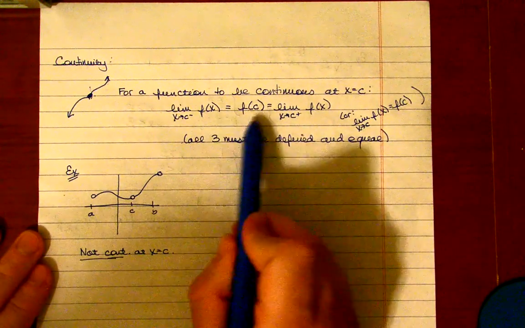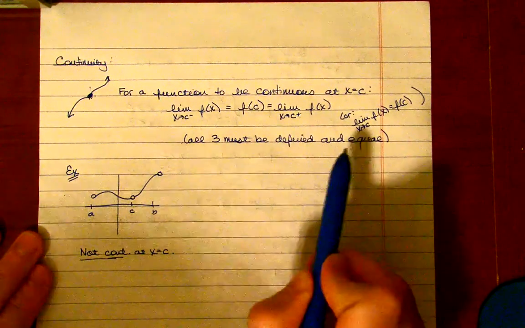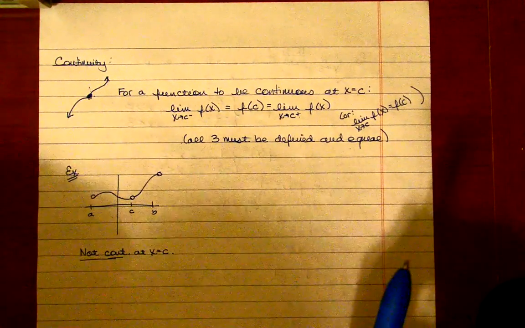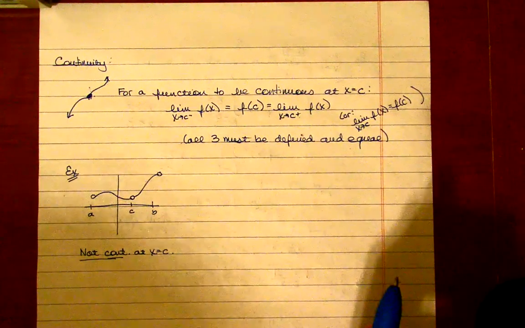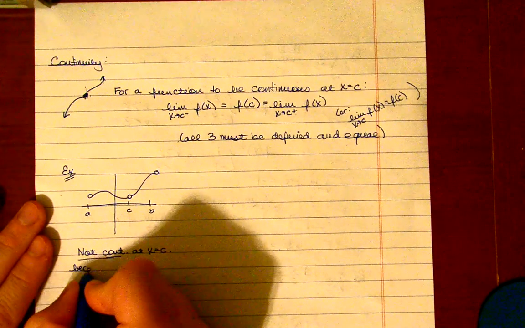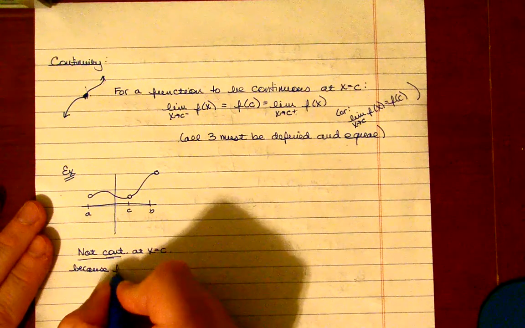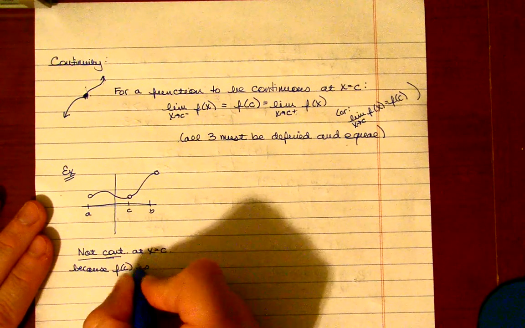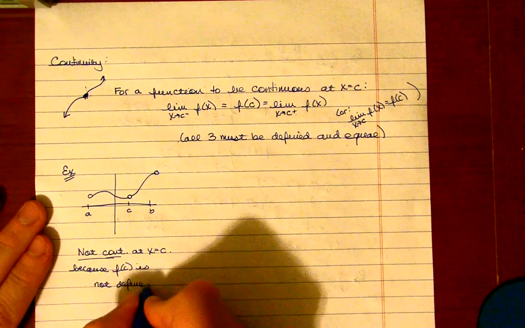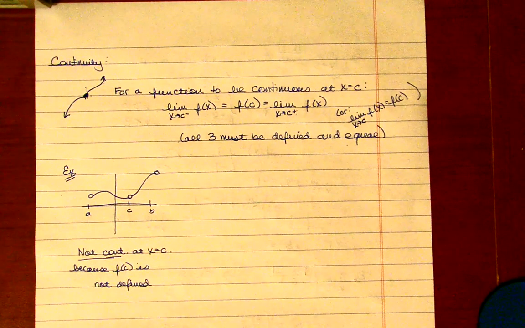Well, I said that all three of these things have to be defined and equal. I think one of those things is not equal. I think f of c is not defined. We're not continuous at x equals c because f of c is not defined. That's the part of the definition that I broke.